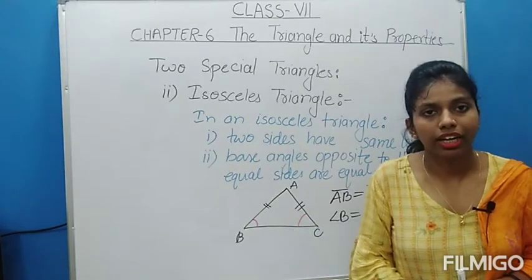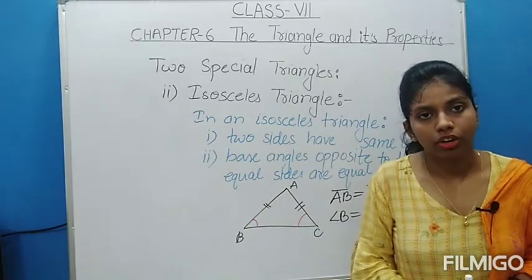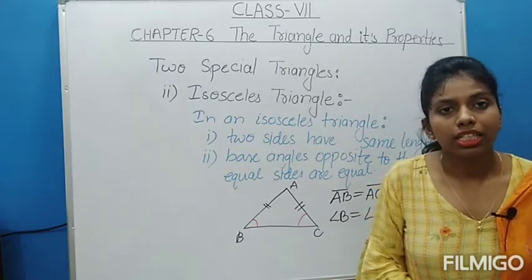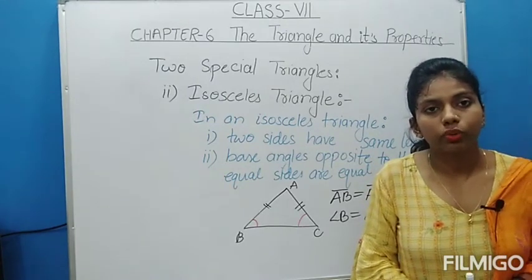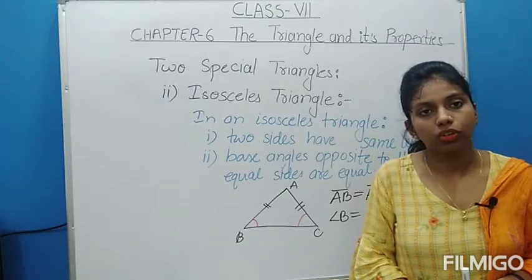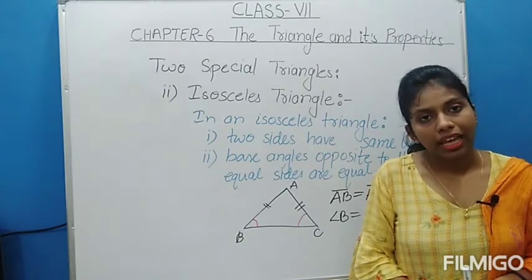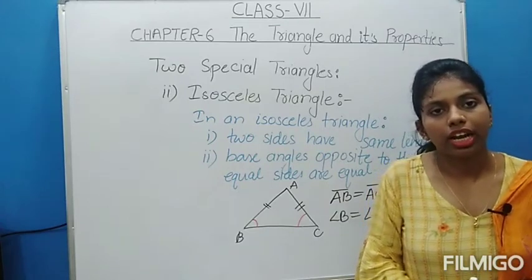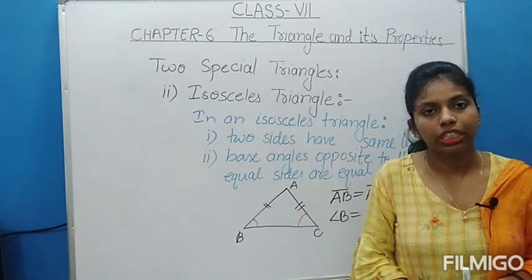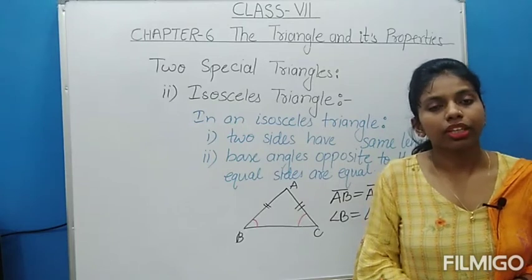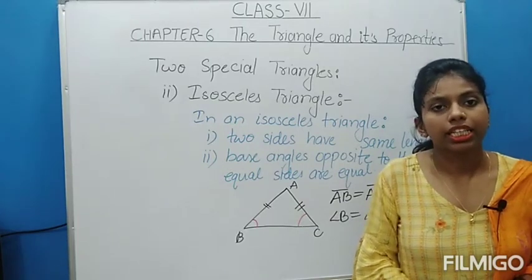First is the equilateral triangle. There are two properties for an equilateral triangle. First is that all sides are always equal to each other, and second is that all angles are also equal to each other and their measurement is 60 degrees.